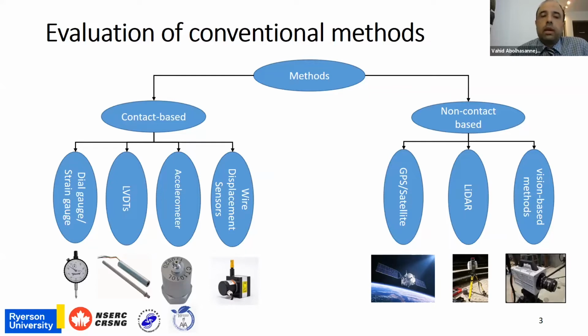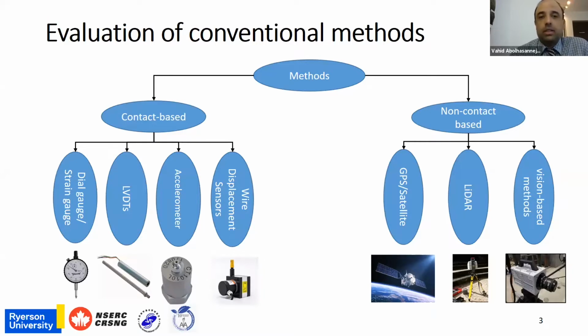If I want to mention some disadvantages of contact-based methods, I can say these methods use a high volume of instruments, and they interrupt the traffic flow. The traffic flow should be stopped, then the equipment installed, the measurements made, the data collected, and then the road opened.